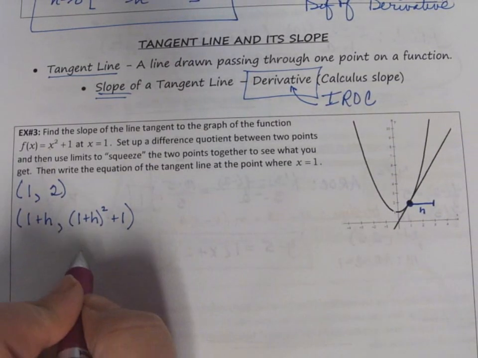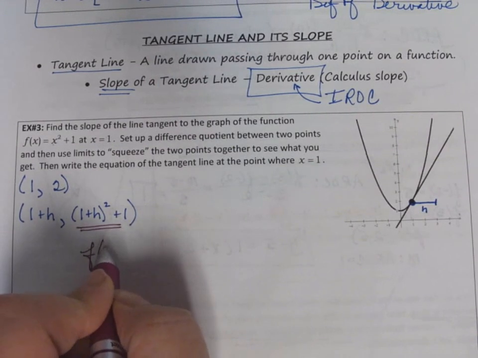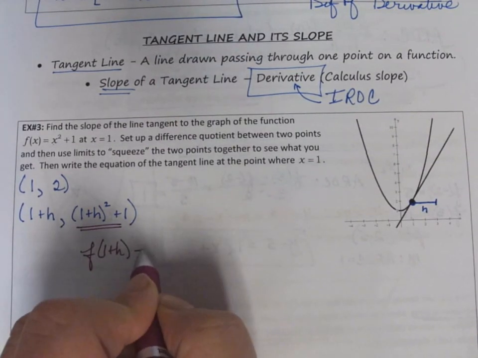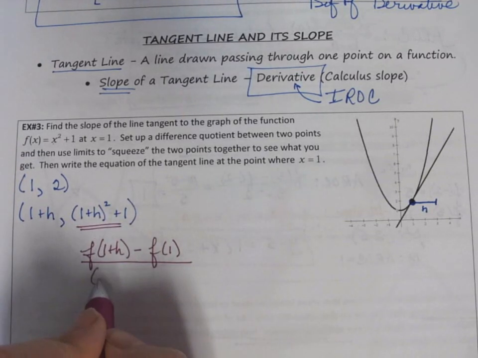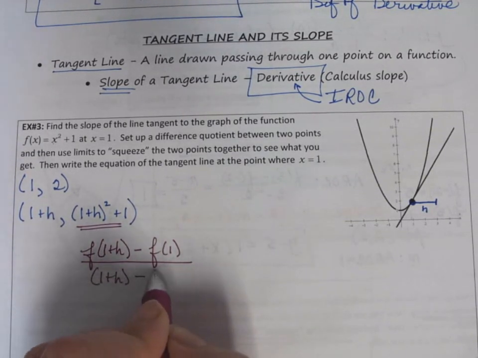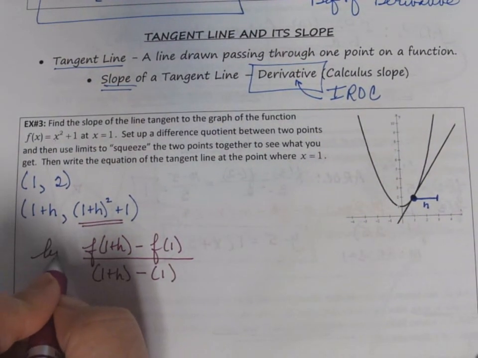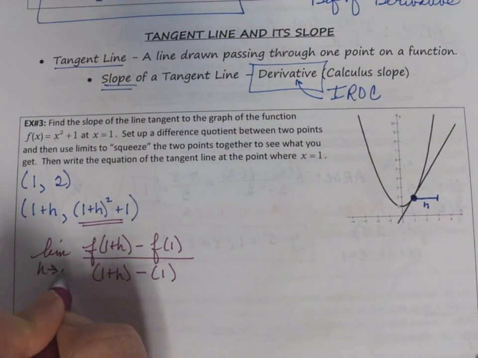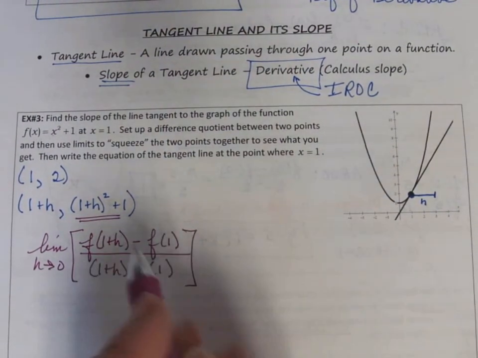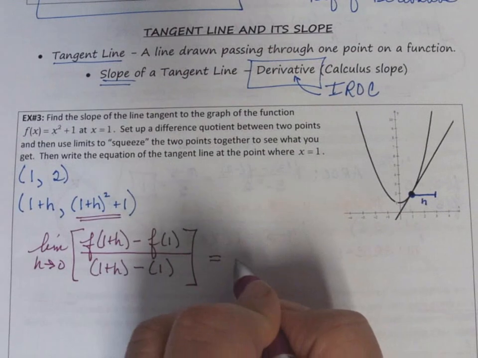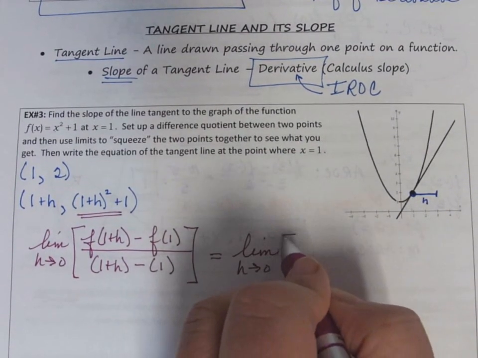So we're going to do f of 1 plus h minus f of 1, all over 1 plus h minus 1. And then remember, we want that h value to go to 0, so we're going to put our limit in front. Now let's plug in what we have. We're not evaluating our limit yet, so it'll stay there.